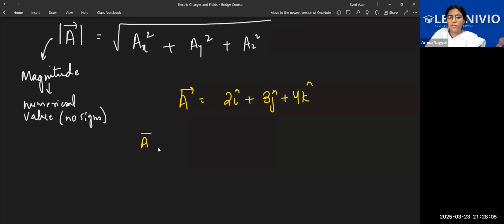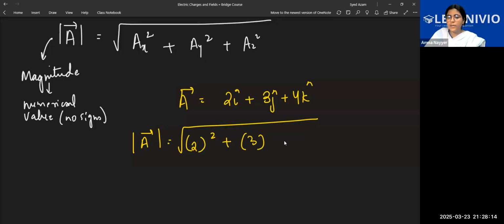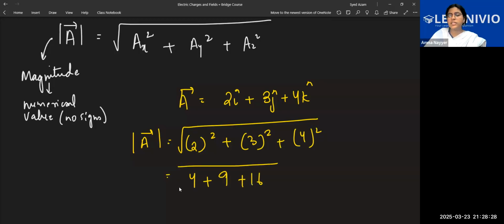To find its magnitude, I'll take the root of 2 square plus 3 square plus 4 square. Whatever answer I get will be the magnitude. So this will be root of 4 plus 9 plus 16. That's it. That's how simply you have to answer all the questions regarding the magnitude.